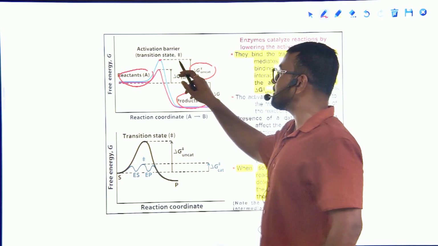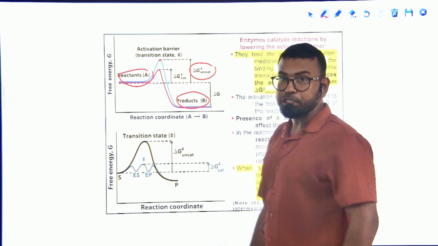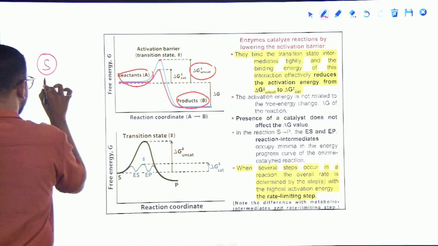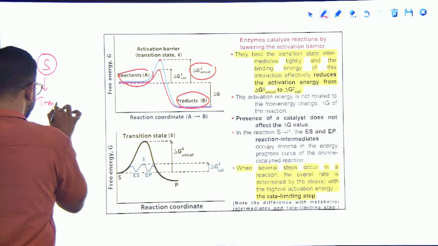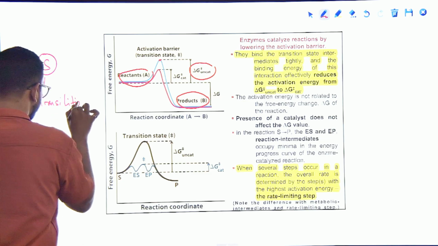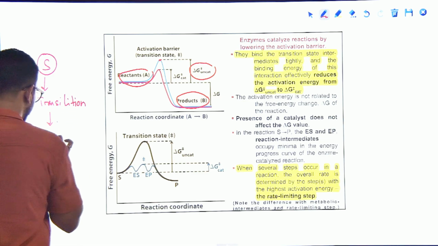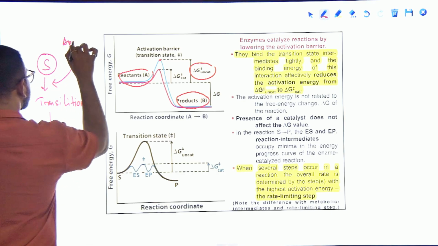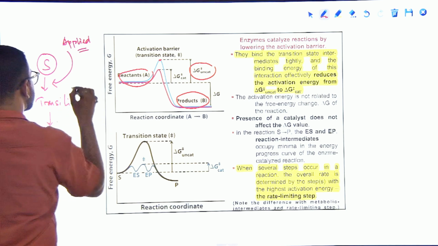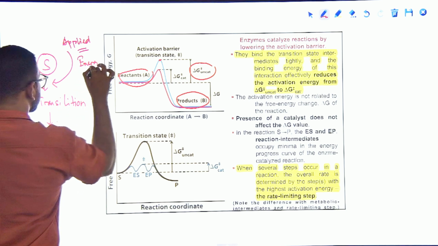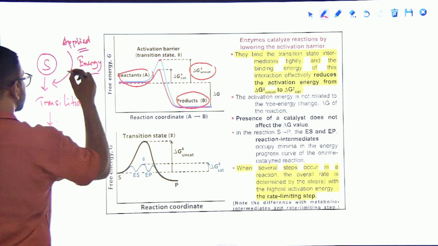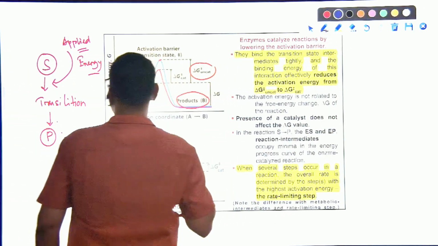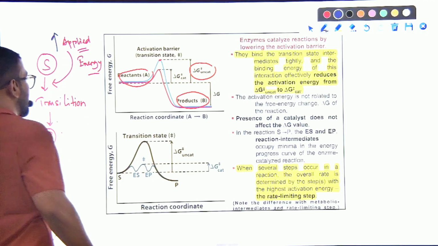In order to reach the transition state, that means suppose a substrate that is getting converted into its transition state, from transition state it will form the product. So the applied energy or the free energy for this kind of conversion is high.